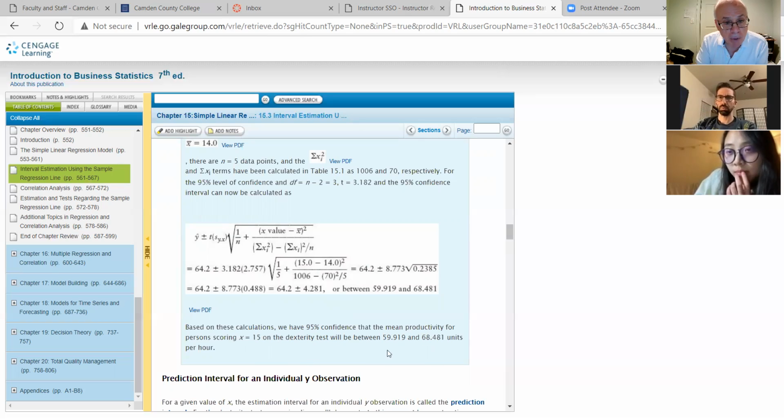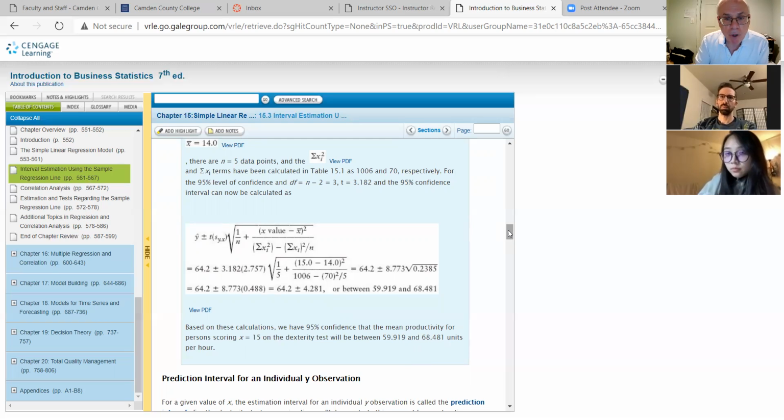In other words, if we had an unlimited number of people who scored 15 on the dexterity test, and we averaged all of their productivity values, we would have 95% confidence that that average would fall somewhere between 59.919 and 68.481 units per hour. Okay, that's what it means.